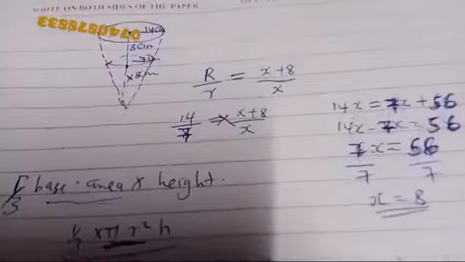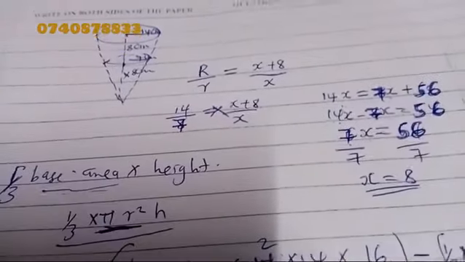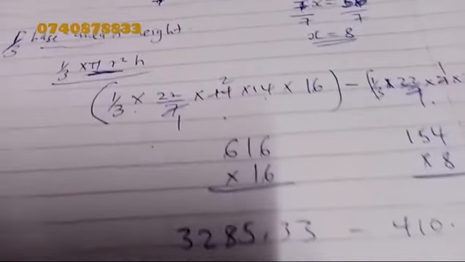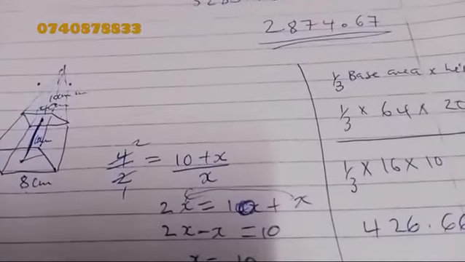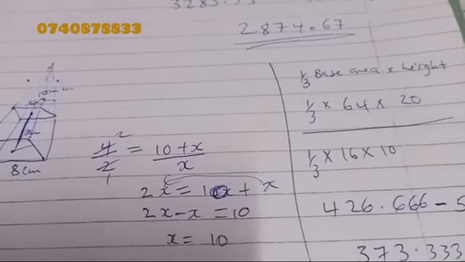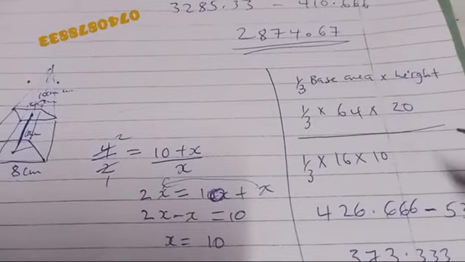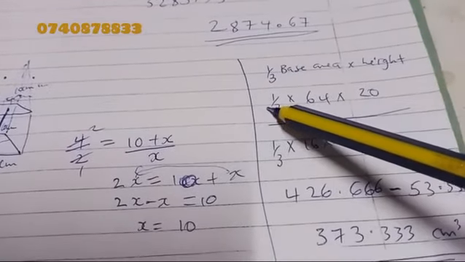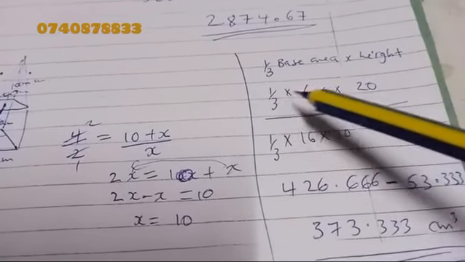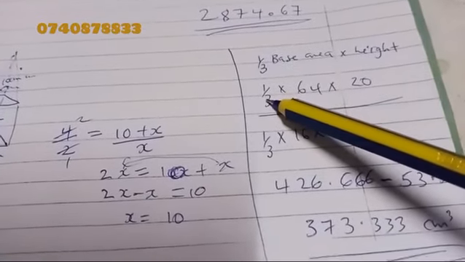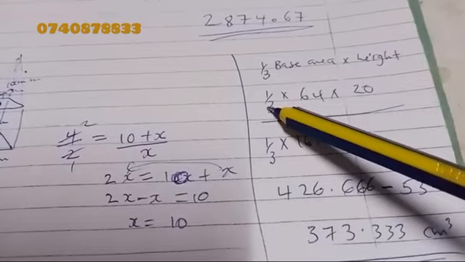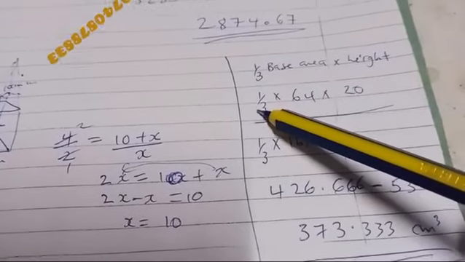So this is how the two quizzes were done, and you have to know that whenever you are calculating the volume of a frustum, you must multiply by this third, the base area times the height, then multiply by this, and you'll get the frustum.